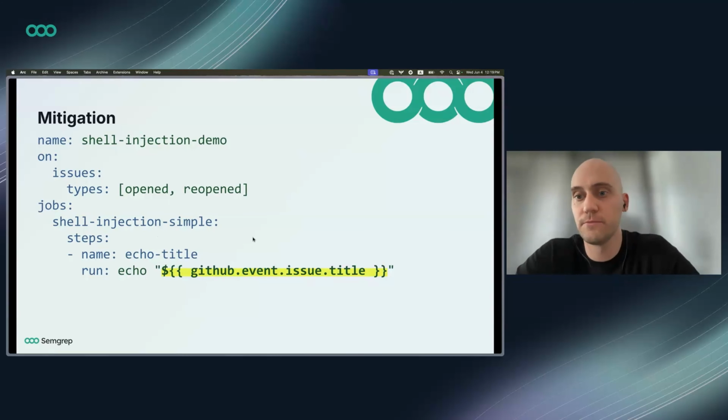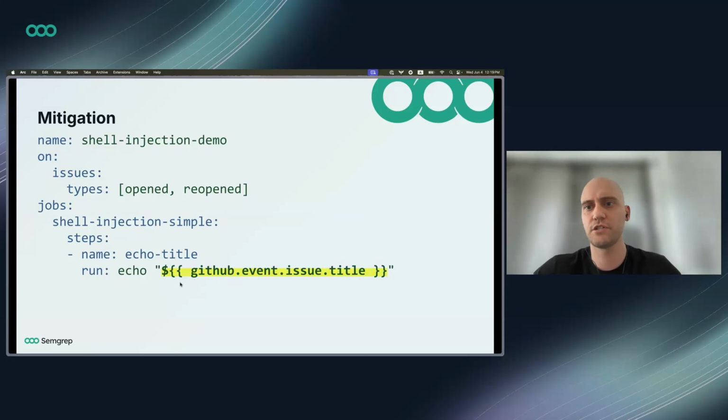Let's talk about how to remove it and how to mitigate this danger in our GitHub organization. It's quite easy. This is the same example that I showed you previously. We have a workflow that runs on an issue, when it's opened or reopened. We have the injection: we use the title here. How do we get rid of this injection?